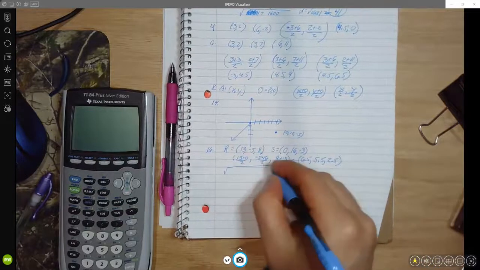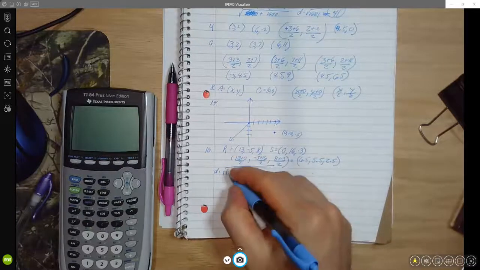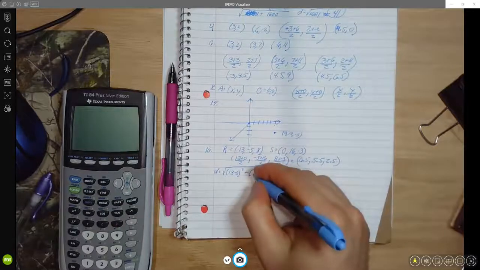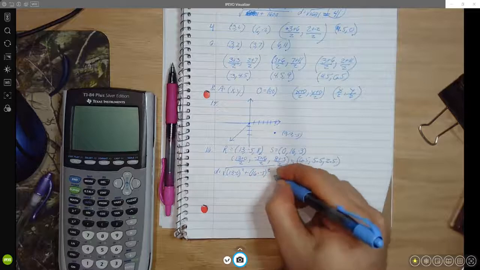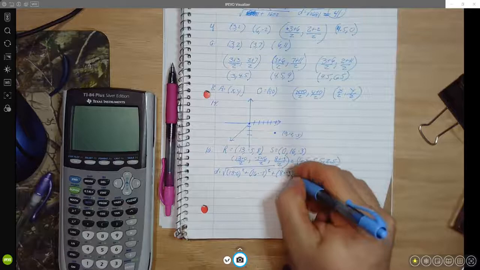Then for part B, the distance. So we've got 13 minus 0 squared plus 16 minus a negative 5, careful with the negative, squared, and 8 minus a negative 3.